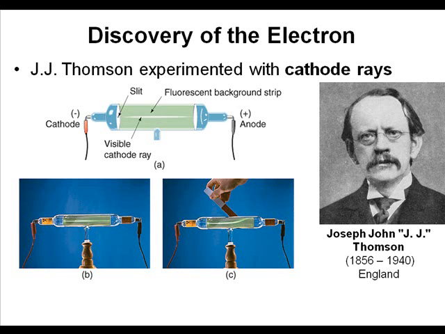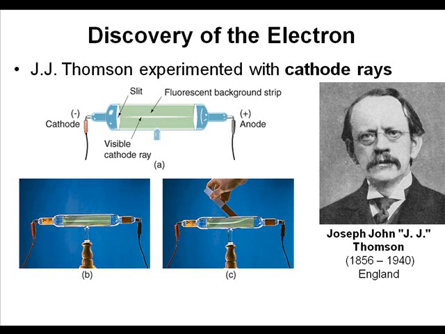And there was a strip which was fluorescent, which meant it would glow when there was charged particles moving over it. And so he hooked up an electrical flow across it. And you could see a glow show up on the background of the strip.